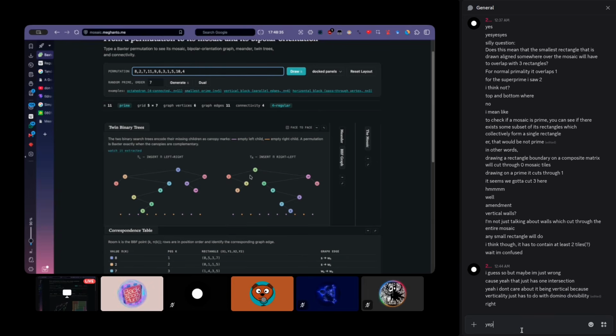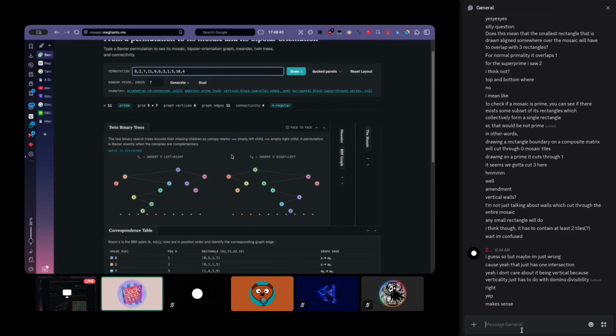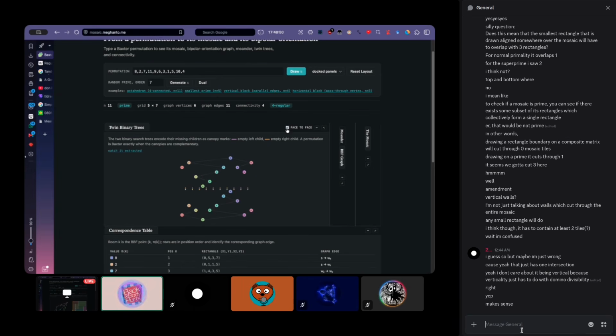So we are pretty confident that any permutation could be encoded as a twin tree, but a twin tree is unique in the sense that you make them face to face and you will see what happens.